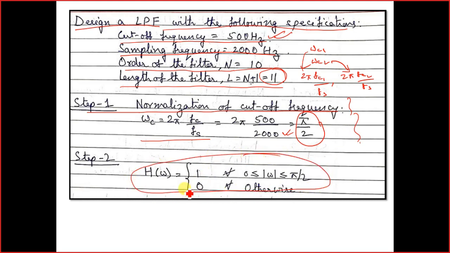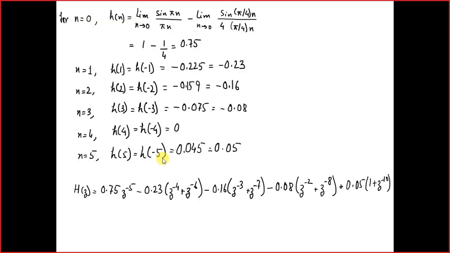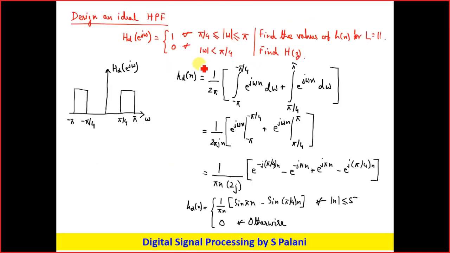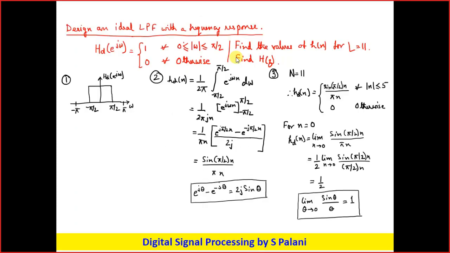If you look into this equation and our first numerical, they are both the same. Sorry, that one was a high pass filter and this is a low pass filter, but we are having the same thing. The questions may be given in either of two formats.